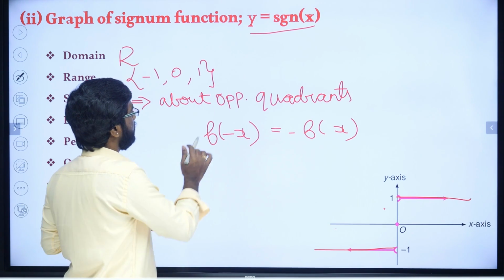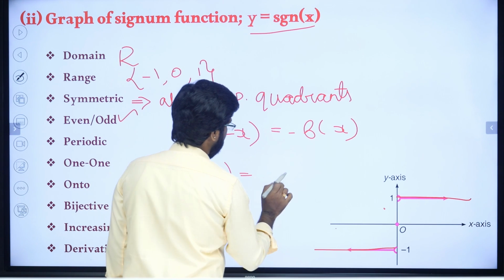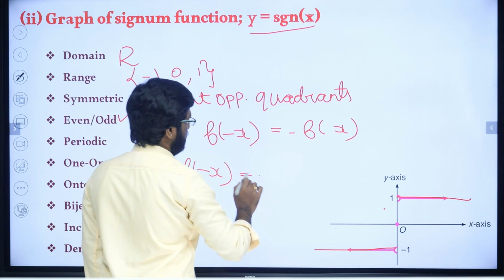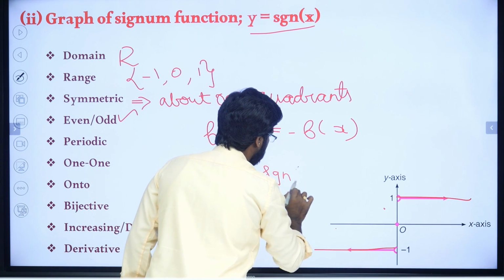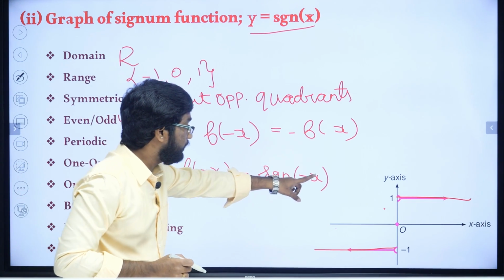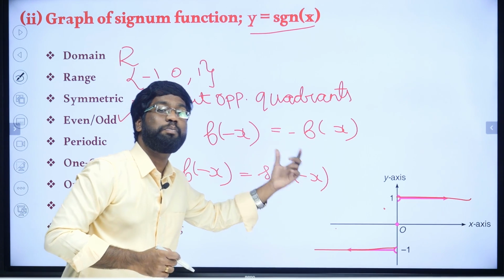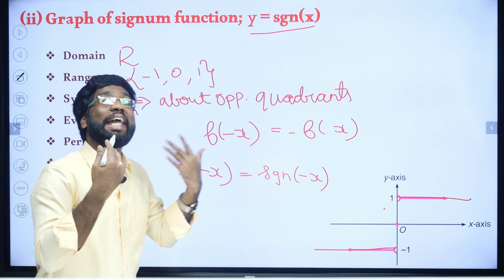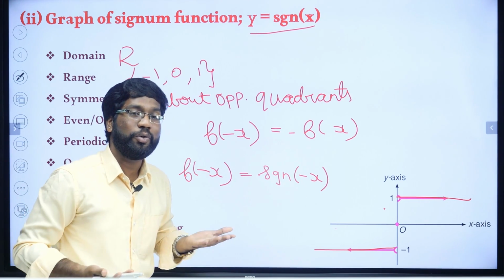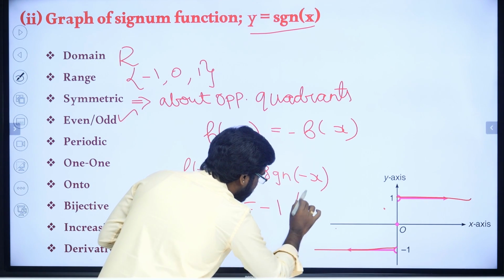So here, in place of f of minus x, if I am replacing the signum of minus x, I am getting minus x. Minus x means what, my dear students? My x belongs to the negative side. If it is negative, what will the signum function give, my dear students? Minus 1.